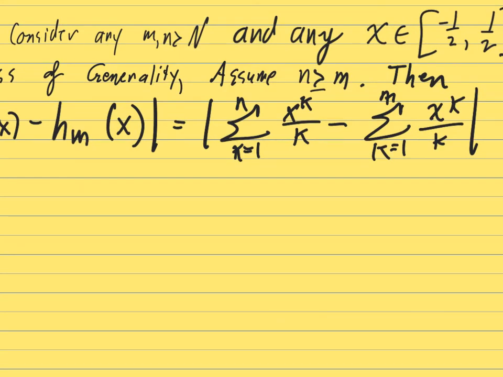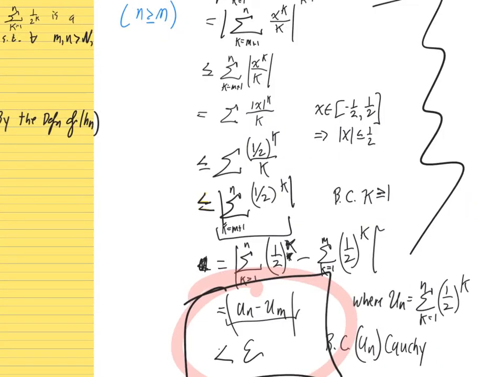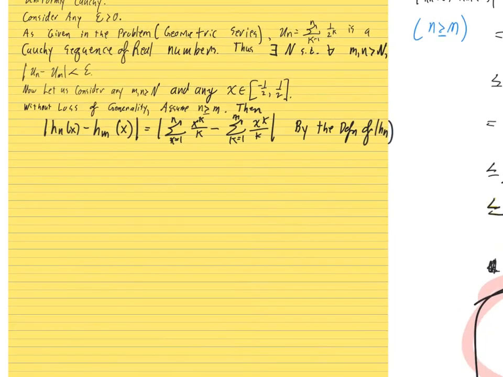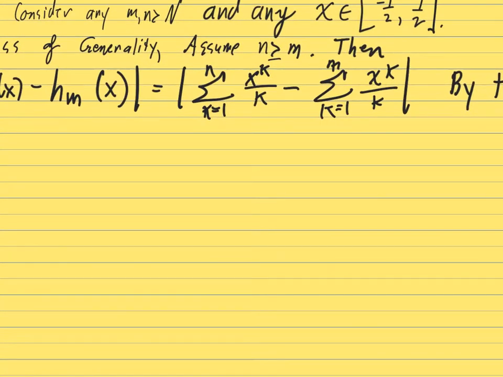Now, let's see, the first thing we did in the argument off to the side is we did some cancellation. Equals the sum, absolute value still, from k equals m plus 1 up to n of x to the k divided by k factorial.